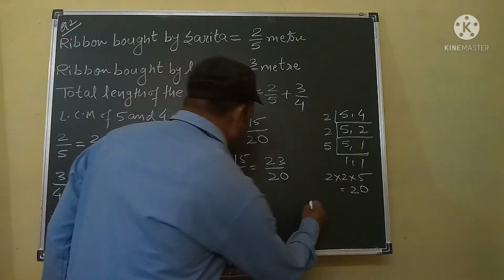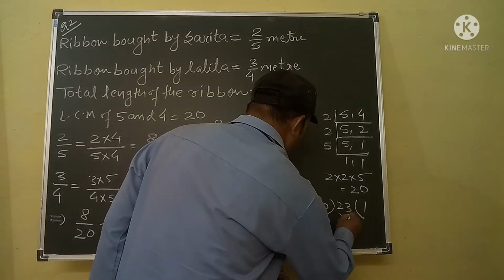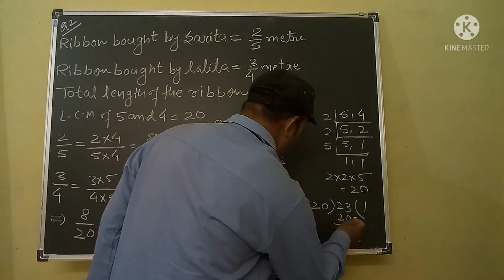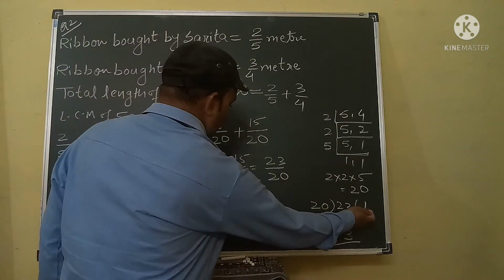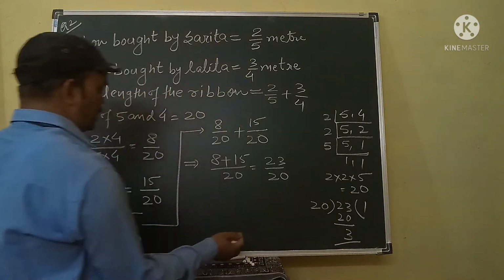a mixed fraction with the help of division. 20 ones are 20, remainder is 3. Quotient is 1, remainder is 3 and divisor is 20.